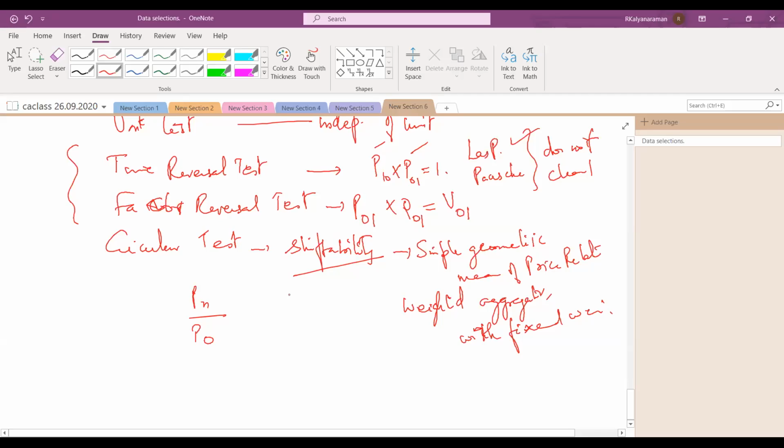So basically, I'm not going with a long table. So these are the various index numbers.